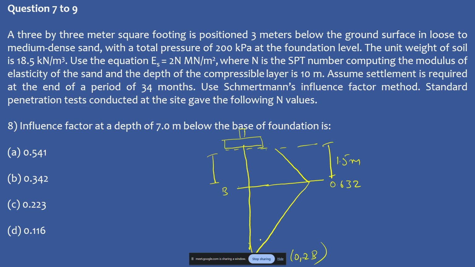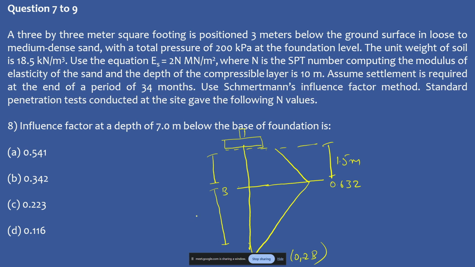At 6 meter it is going to be 0, but your question is at 7 meter. So below the base of the foundation, it's 7 meters. Okay, so they might have assumed a linear graph, so that's why it is the issue.